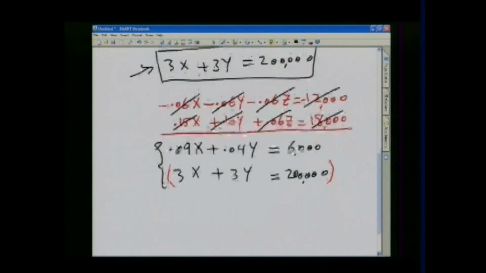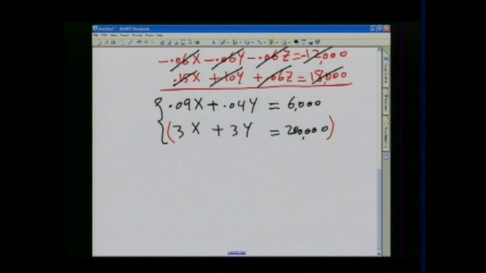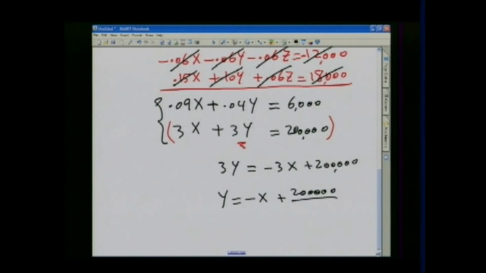That's 200,000. What I can do, actually, is solve for y from the second equation. So from the second equation, I get 3y equal minus 3x plus 200,000. Therefore, y would be equal to minus x plus 200,000, divided by 3.